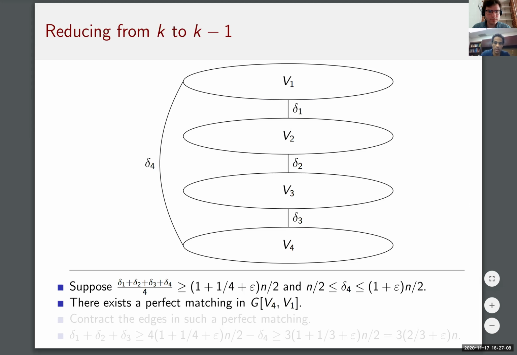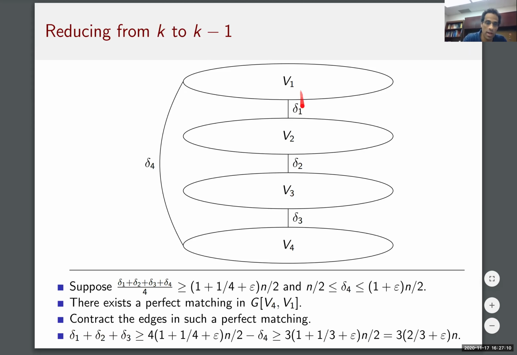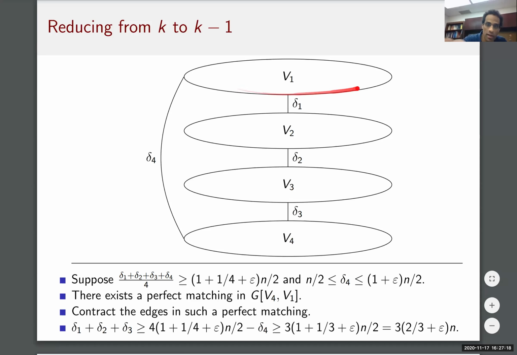Conditions, delta 2 will be the other, and then we got rid of this one. The last one will be delta 3, right? Because we've contracted, V1 and V4 have been joined together into one. So this delta 4 condition goes away.